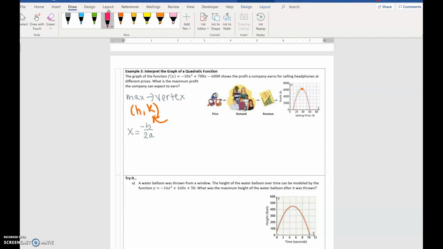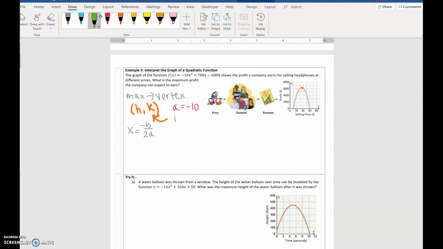So we need to identify a, b, and c. So a is -10, b is 700, and c is -6,000. So we're going to plug these in now. So we have -b over 2a.